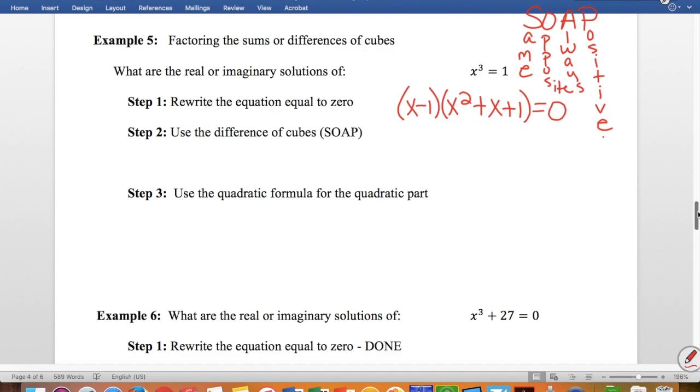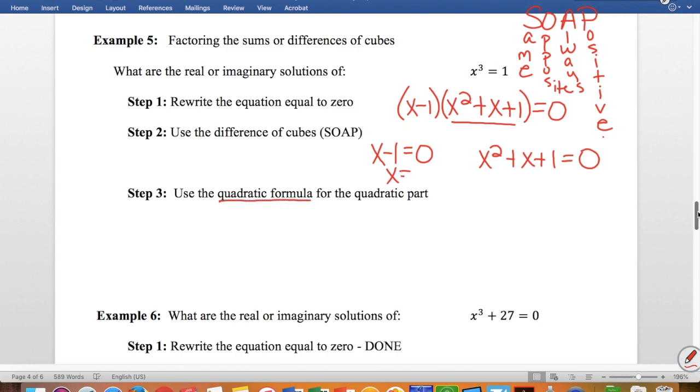So I'm going to use my zero product property. And when you're doing sum or differences of cubes, you're going to come out with a quadratic trinomial in this parentheses that is never going to be able to be factored. You're always going to have to use the quadratic formula.